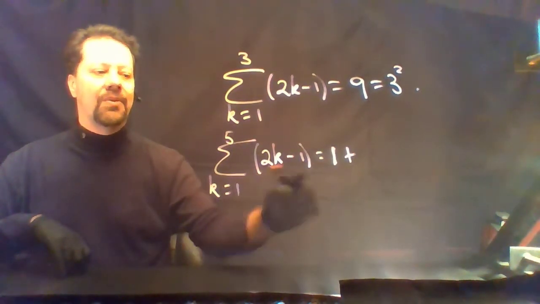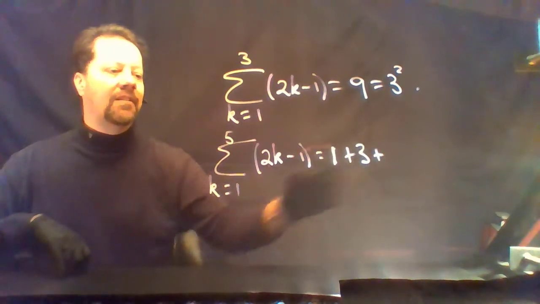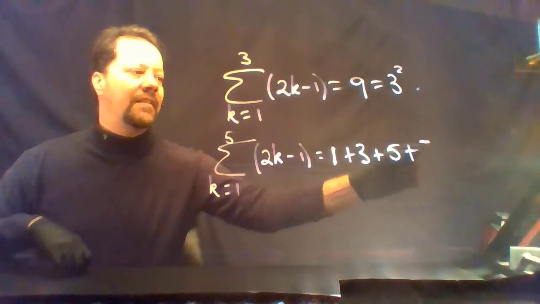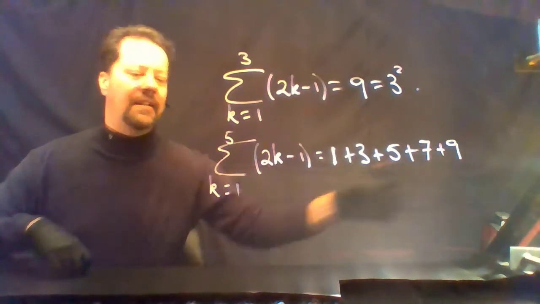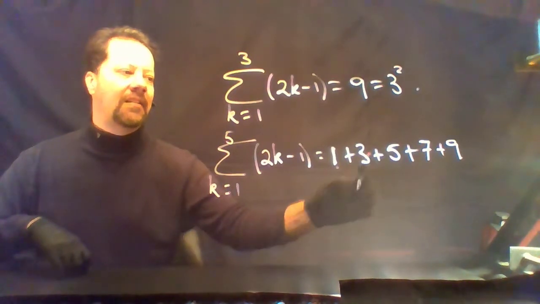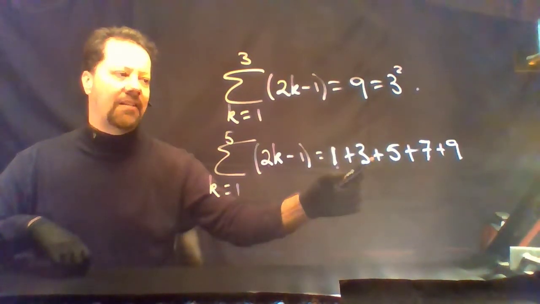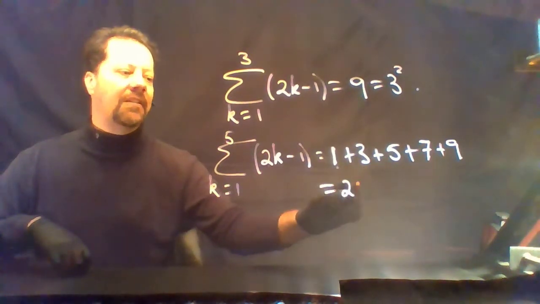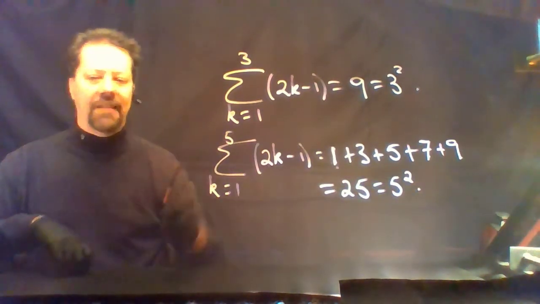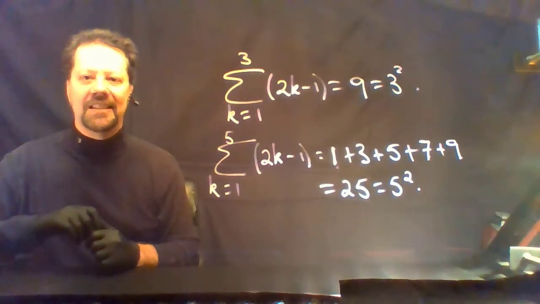When k is 2, you get 3. When k is 3, you get 5, 7, and then 9. 1 plus 9 is 10. 3 plus 7 is also 10. Plus 5, you get 25, which equals 5 squared, just as our formula predicted.